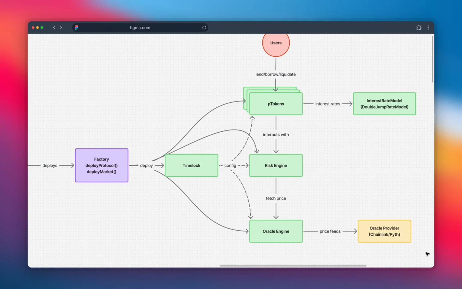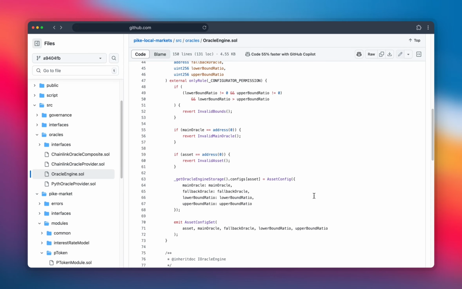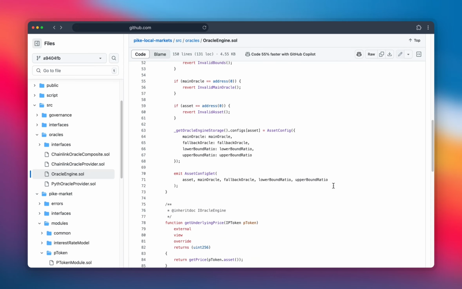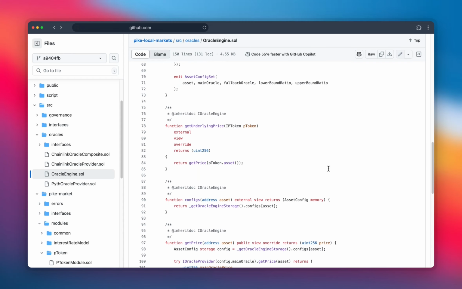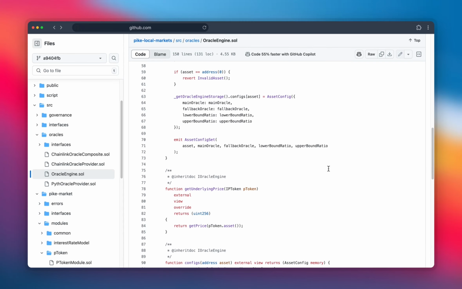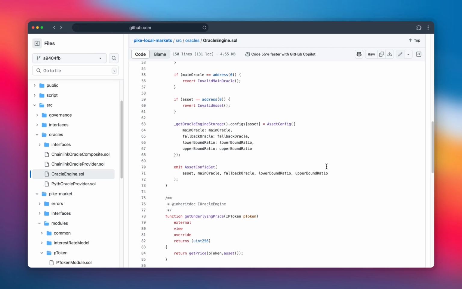These are shown as the yellow boxes right here. Lower and upper bound checks defend against Oracle drifts. So basically, price getters return USD scaled values, scaled to 36 minus the decimals, to the specific precision for that asset.